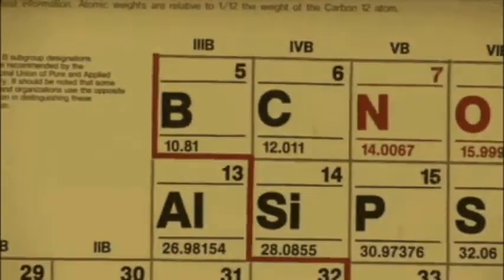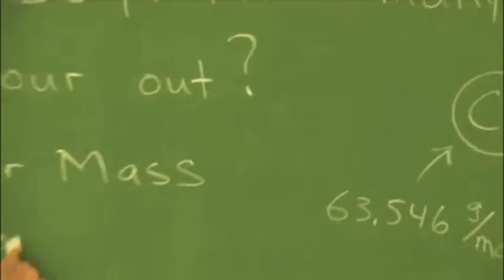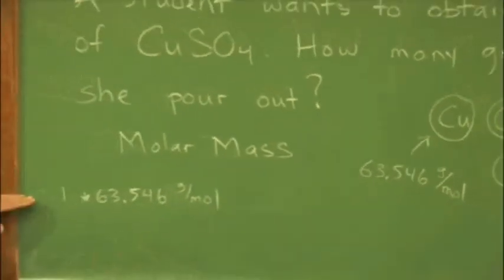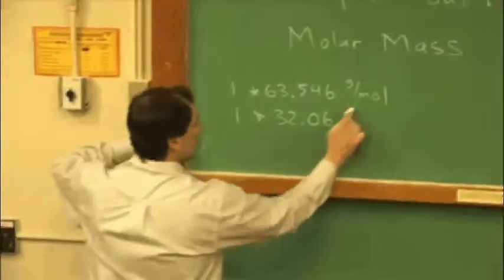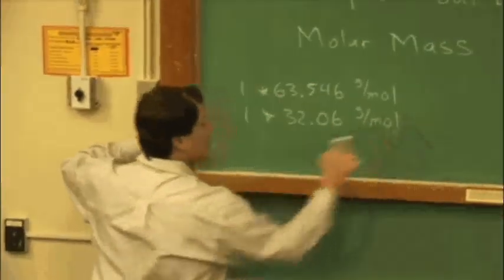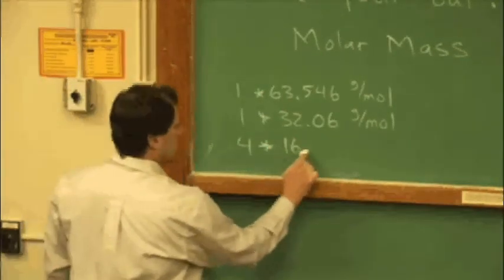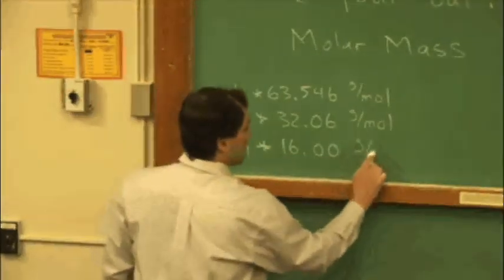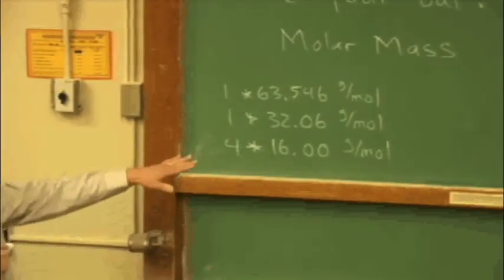We go ahead and add these up. We have 1 times 63.546 grams per mole copper. We have 1 times 32.06 grams per mole for the sulfur, and we have 4 times 16 grams per mole for not 1 oxygen, but 4 oxygen atoms.